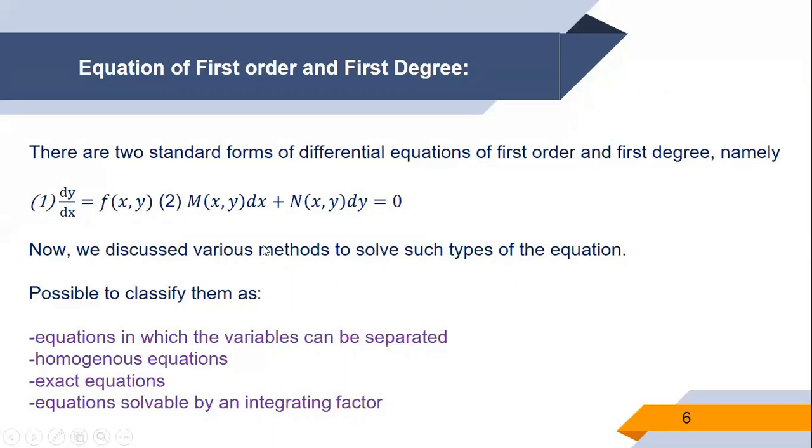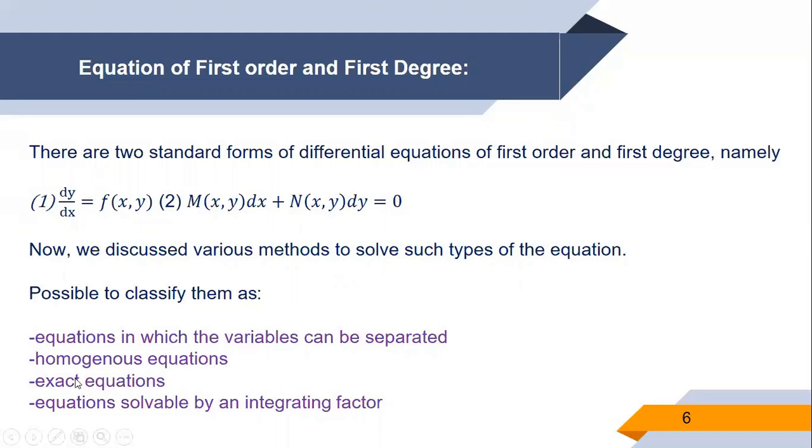Now we discuss various methods to solve this type of equation. That means we discuss the solution of a first order and first degree ordinary differential equation. It is possible to classify them. First is the separable variable method. Second is the homogeneous type of equation.